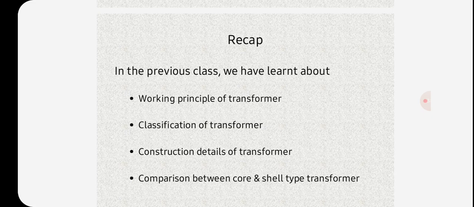The core is prepared with silicon steel laminations, and the winding is made with copper conductors. Last is the comparison between core and shell type transformers, which we also discussed in the last class. There are a lot of differences between these two types of transformers.